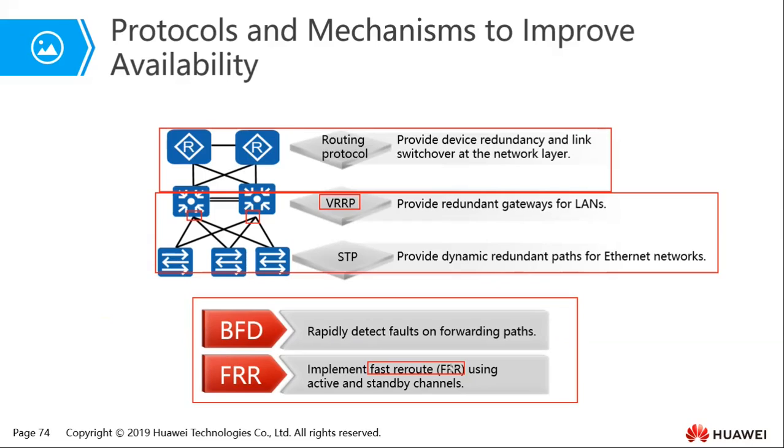So with this, we don't have to do what we were doing in OSPF. We don't have to recalculate the SPF. We don't have to do loading and route update, because we've already pre-calculated all those things, and we've already identified that in case this link goes down, then this is the new route that we can use. So that is what FRR, or fast reroute, enables us to do.